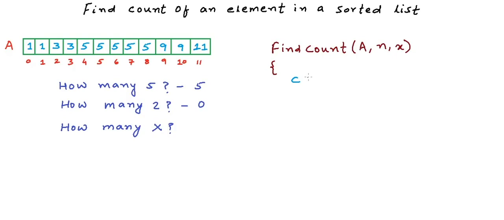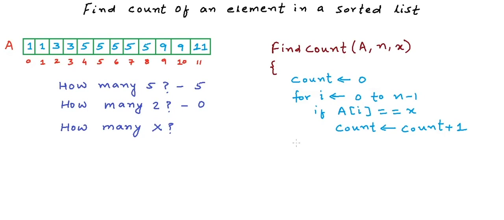We will take a variable initially, let's say the name of the variable is count, and we initialize it to 0, and then we run a loop starting 0 till n minus 1, and if A[i], or the element at index i, is equal to the element x, we increment count, so count becomes count plus 1, and finally when we come out of this loop we return count.